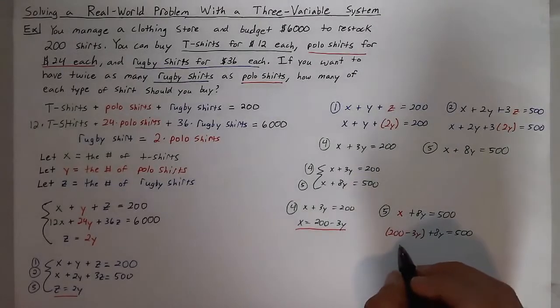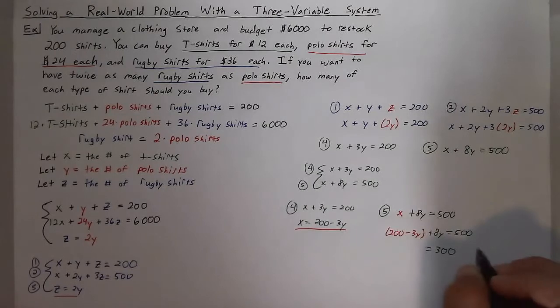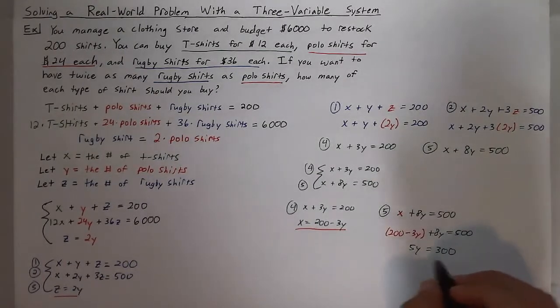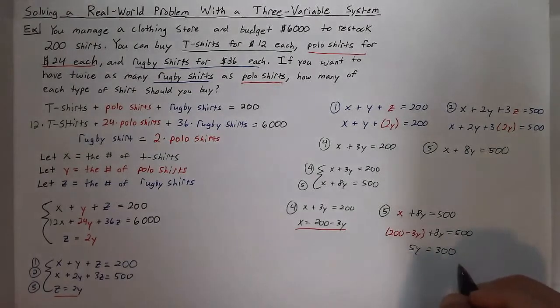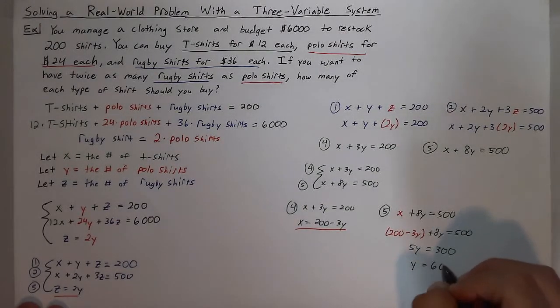Now subtracting 200, I get 300 on the right. And then negative 3y plus 8y is 5y. And dividing 300 by 5 gives me 60. So y should equal 60.